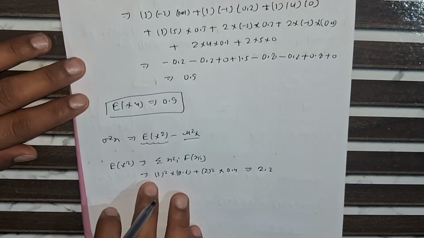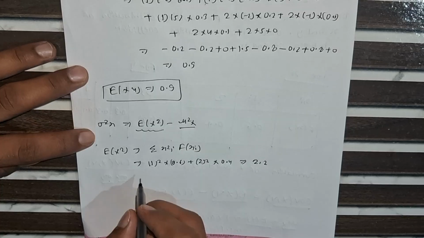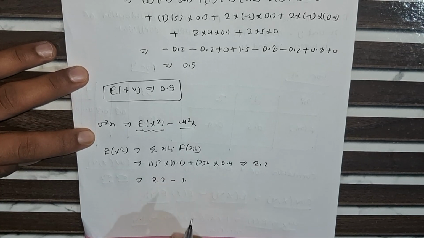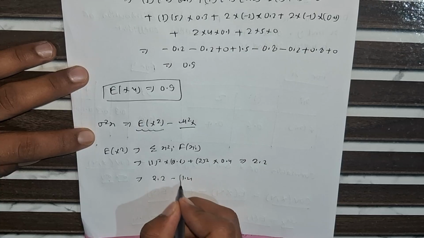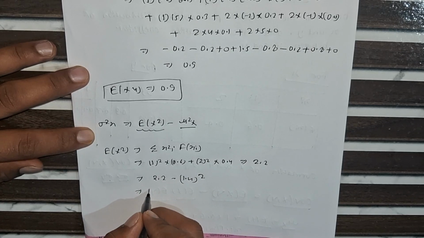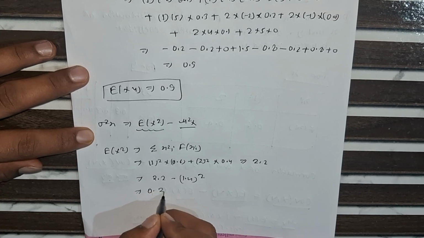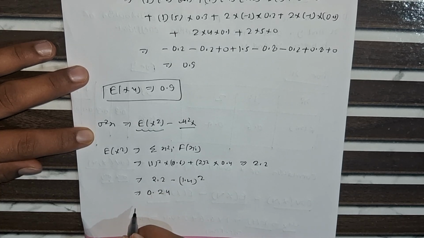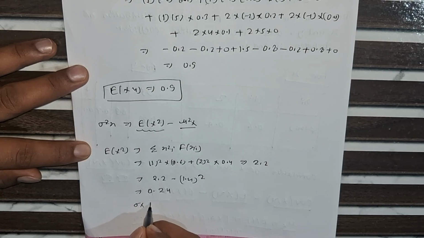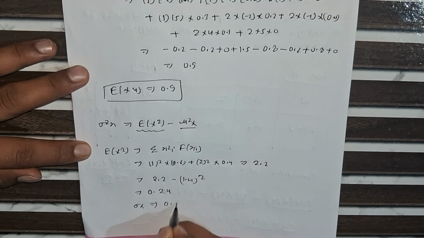This is nothing but square of mu x. So sigma square x is 2.2 minus 1.4 whole square, which is equal to 0.24. So the value of sigma x is equal to 0.49.